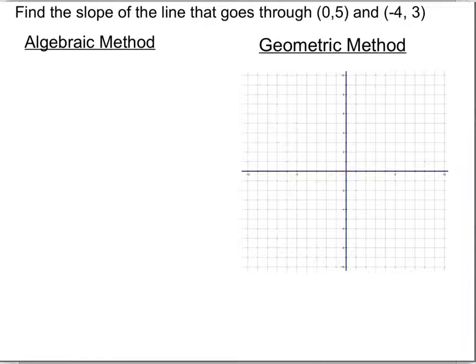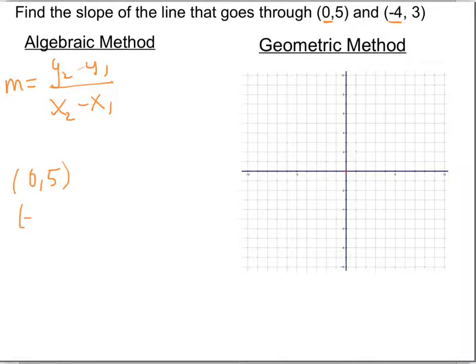The algebraic method is just putting these numbers into the slope formula. So if the slope is y2 minus y1 over x2 minus x1, I usually pick the point where the x-coordinate is the largest, so between 0 and -4, 0 is the largest, and I stack them up vertically, like this.